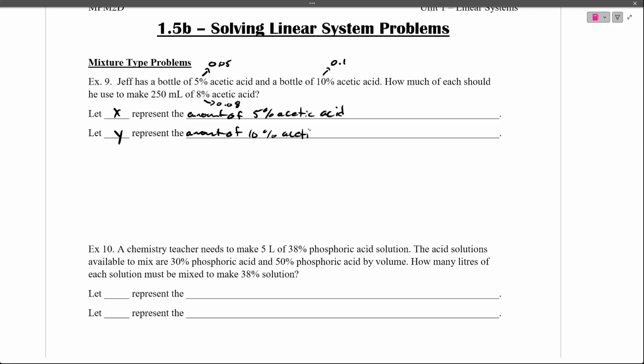Now, the astute ones of you are going to look at this and say, hey, this is exactly the same as those investment problems. I don't see any difference at all.